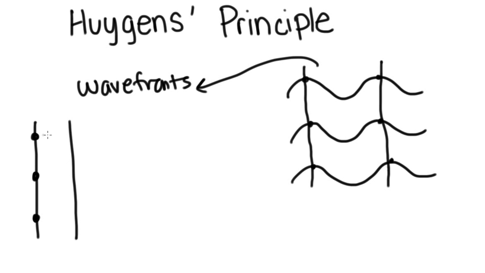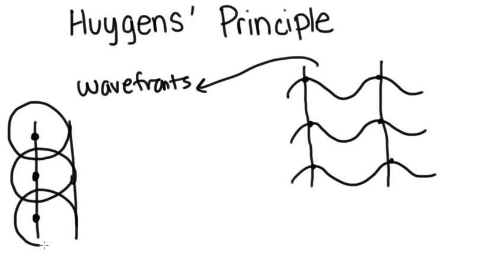So what Huygens proposed was that any point on this wavefront can be a point source for a spherical wave that looks like this. And this picture is shown in the textbook as well. And there's a point where all of these spherical waves touch this line right here.